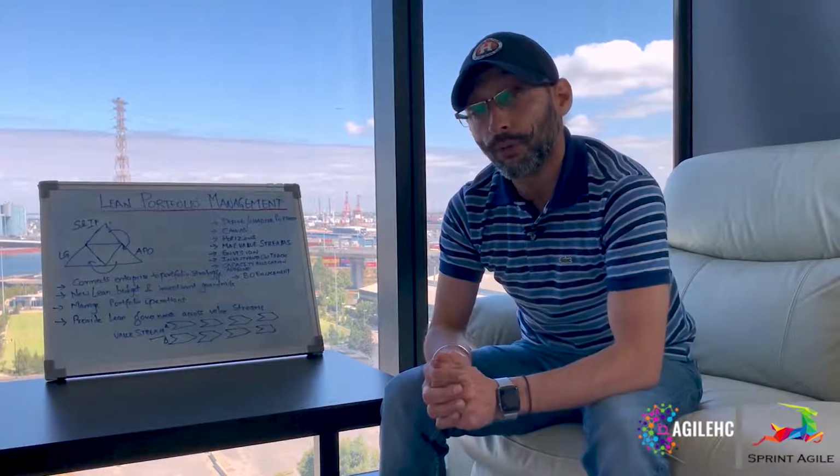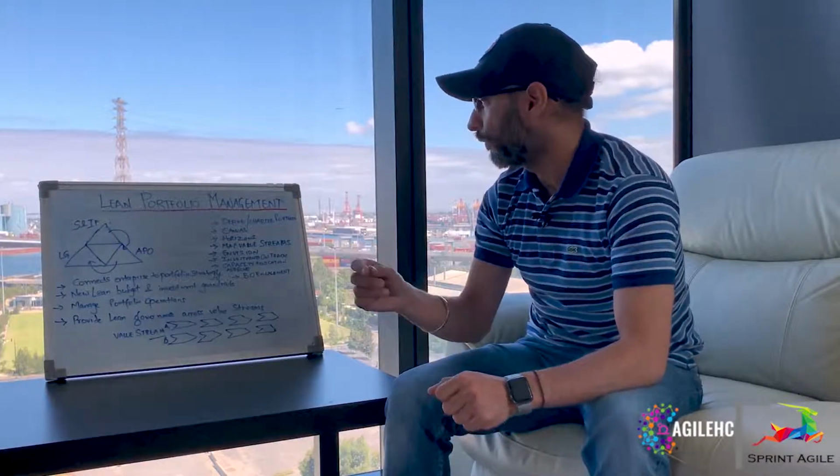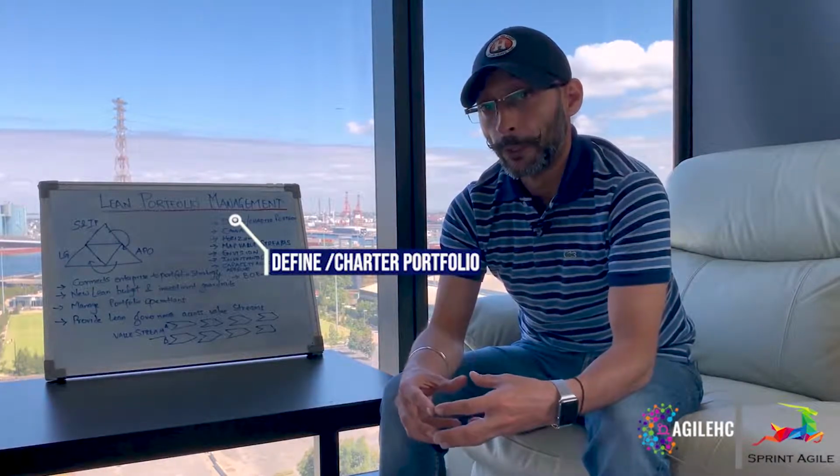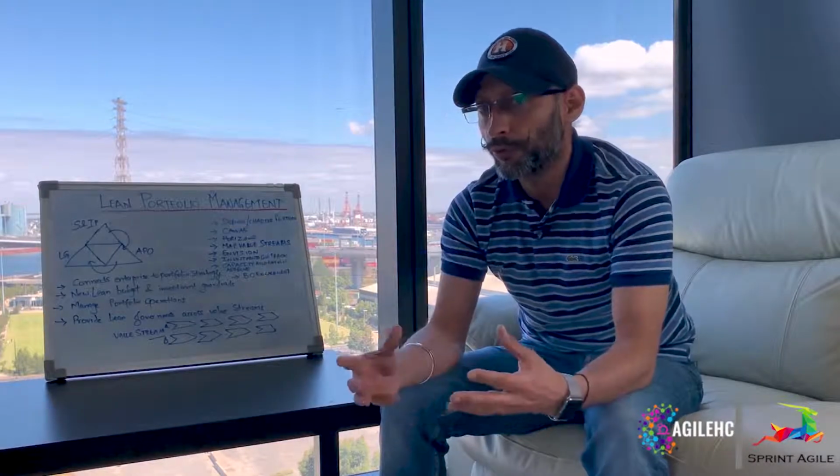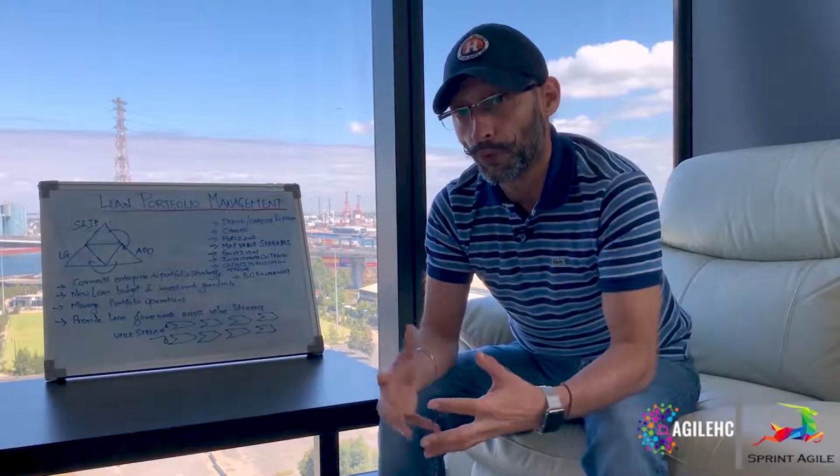And it is based on certainly a few things that we are going to discuss, and the first one being defining the charter of your portfolio. And defining a charter of your portfolio is nothing but defining your scope, what you want to envisage.